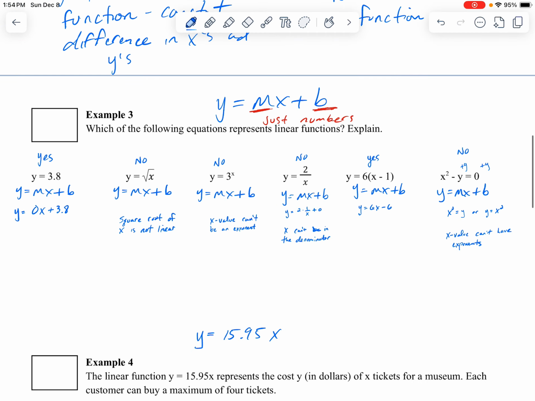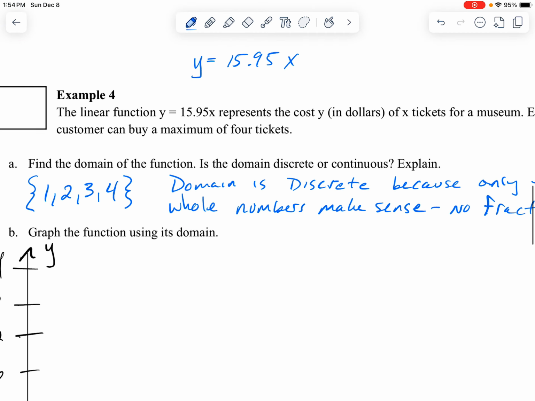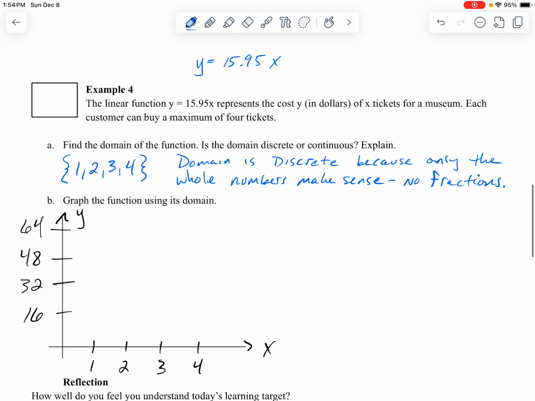Okay. All right, moving on to our final example. The linear function 15.95x represents the cost, y, in dollars of x tickets for a museum. Each customer can buy a maximum of 4 tickets. So it might be helpful to write this equation out and then just think about what your x and your y values represent here.